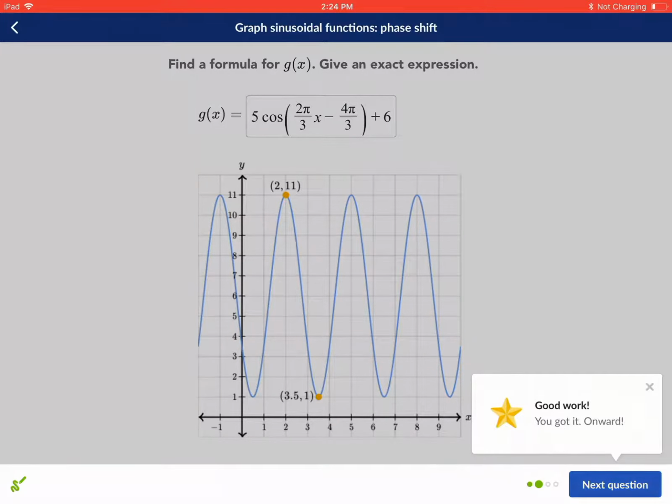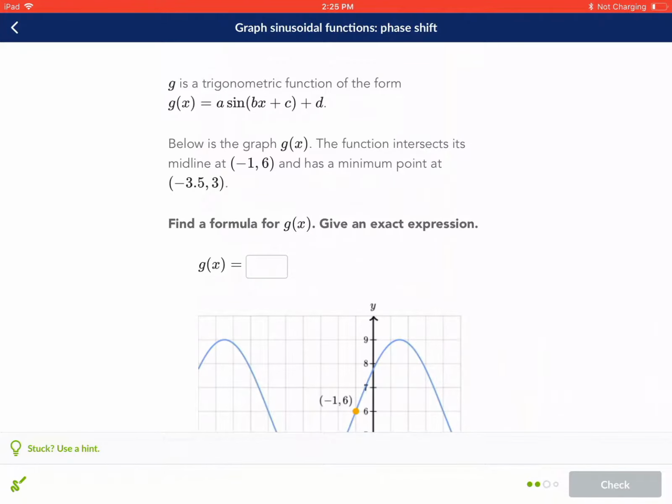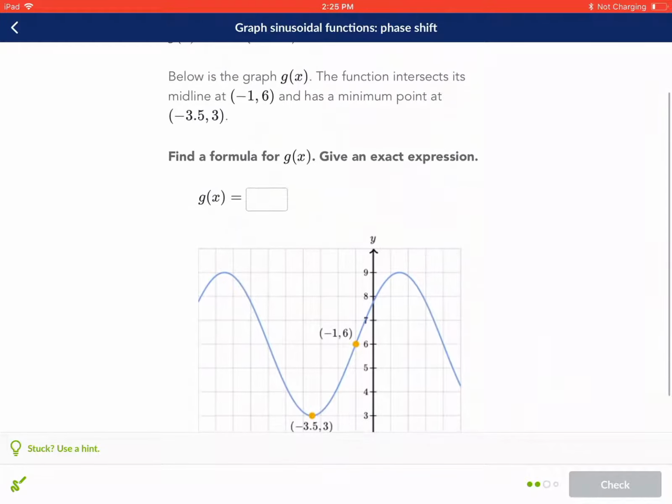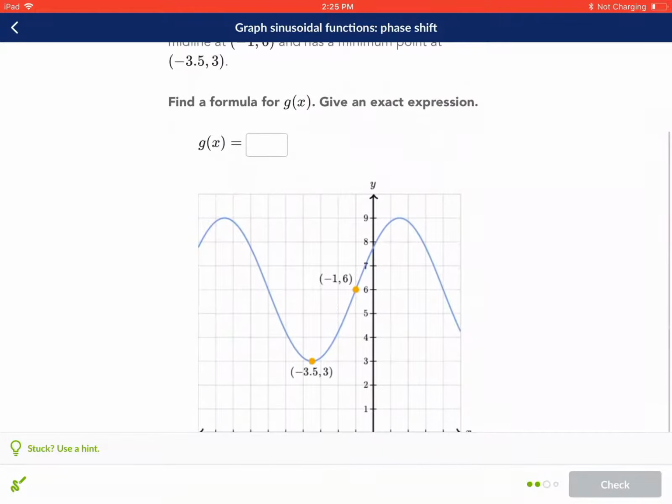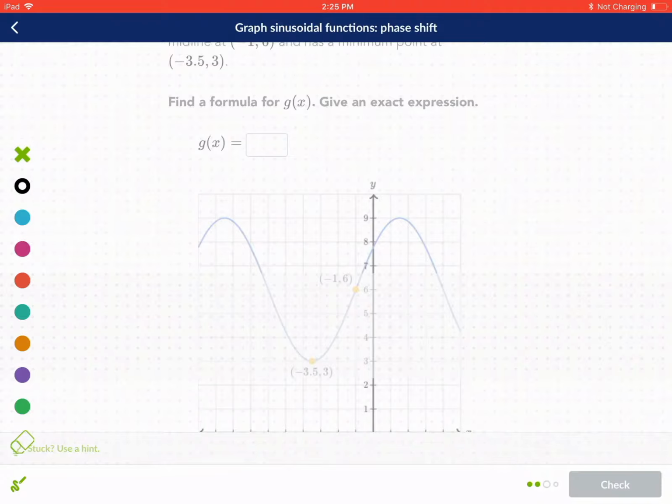Wonderful. All right, the next one here, I'll do this last one and then you should be able to get the rest. We have a sine b x plus c plus d. It's really very similar to the last one, except that they automatically already give you the midline there.